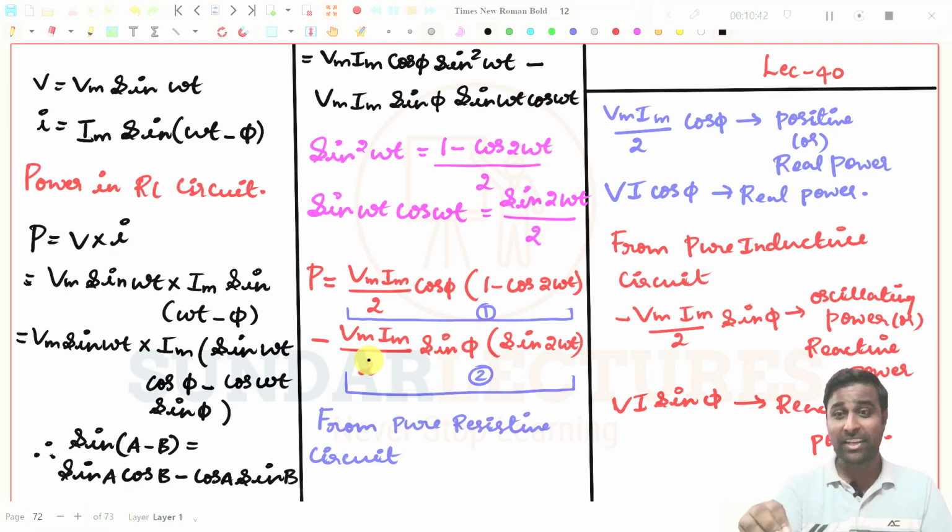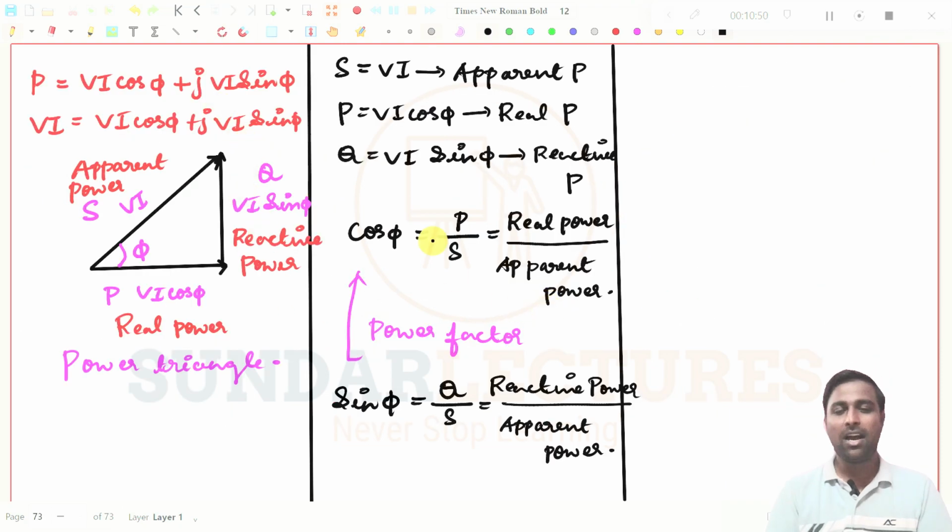By the inductor, the reactive power in the circuit will come. By the resistor, the real power in the circuit will come. So there are so many points we can get if you draw these triangles.